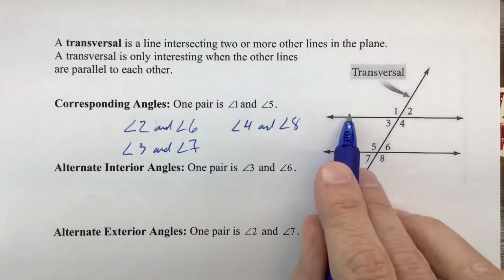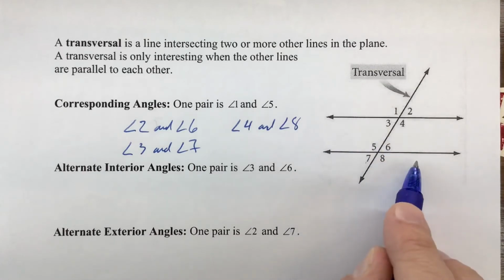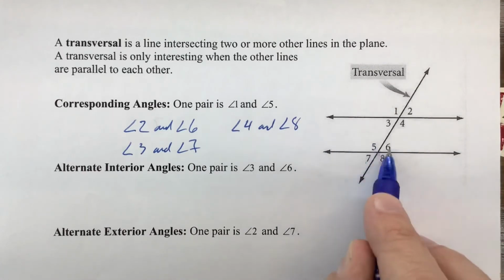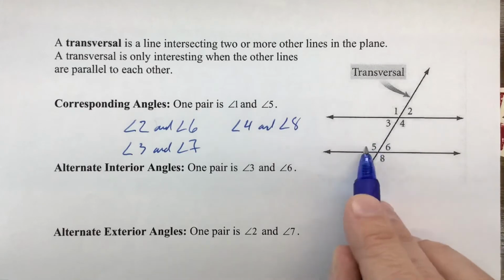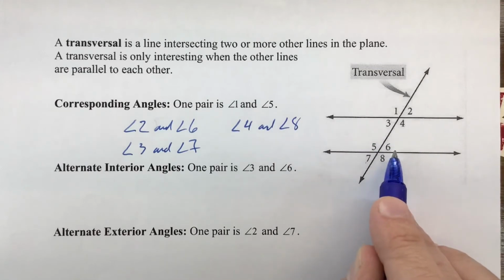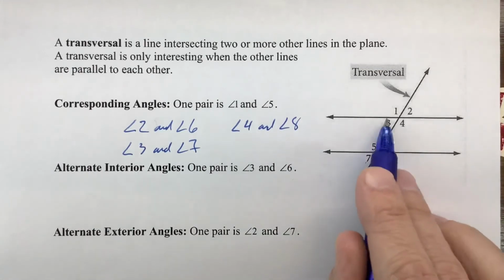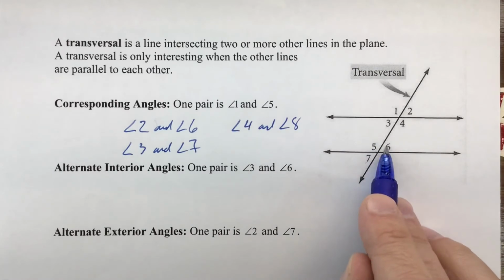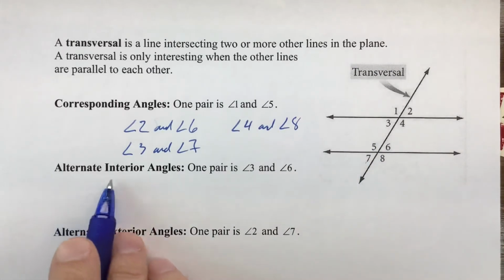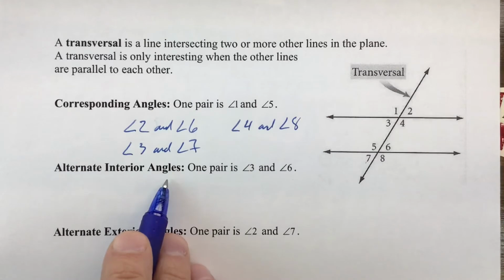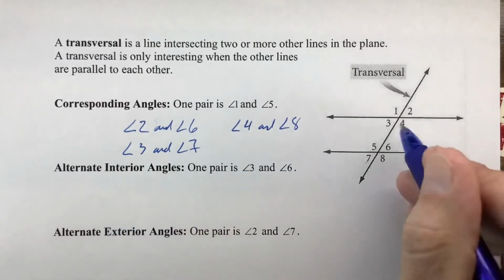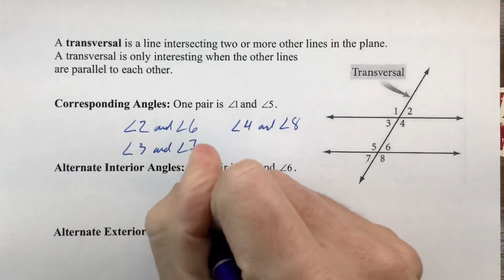Interior means that the angles are going to be inside the lines that are being crossed. So 3 and 6 are on the inside. The 3, the 4, the 5, and the 6 are all interior angles where the rest are going to be exterior. But 3 and 6 are on opposite sides of the transversal, so they will be alternate interior angles. That means that the other pair of alternate interior angles will be 4 and 5.